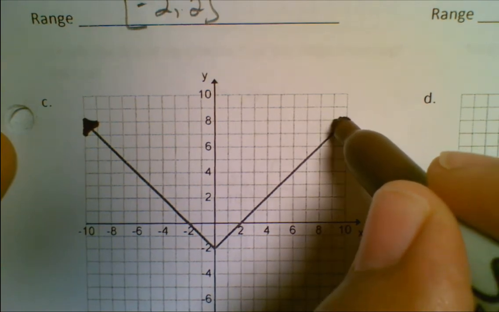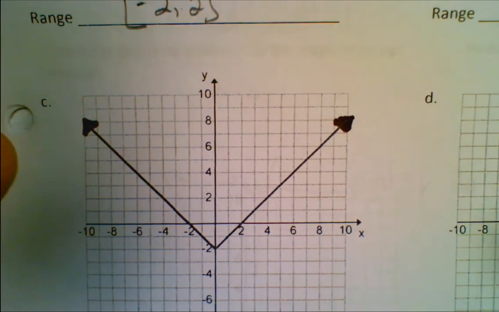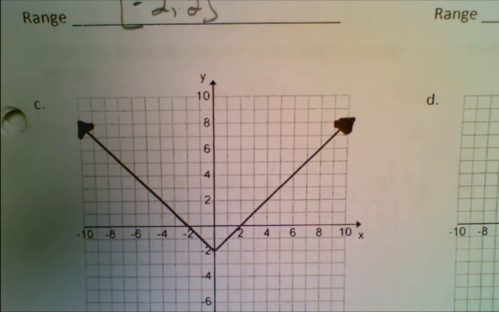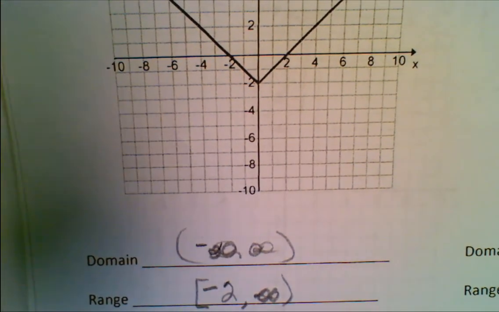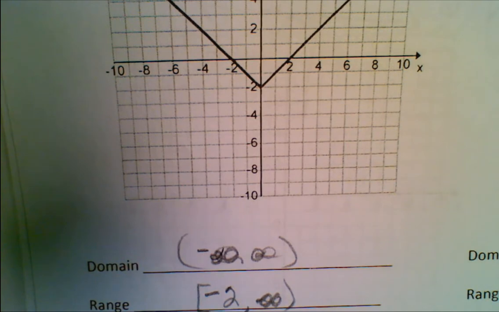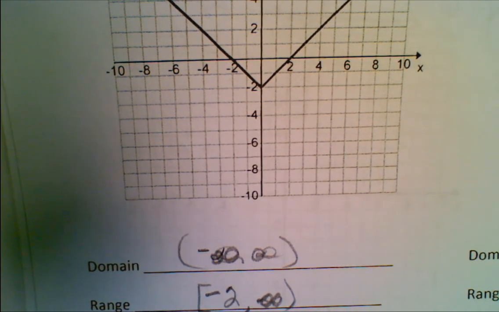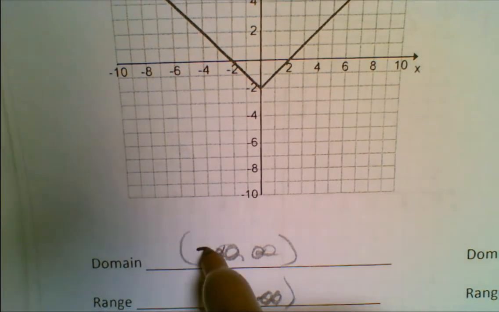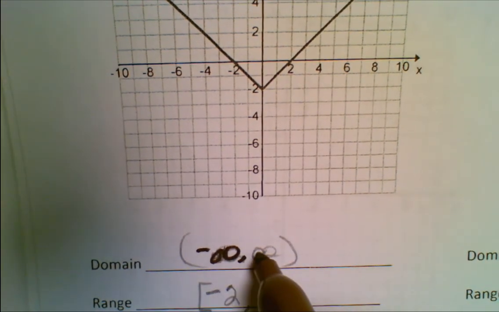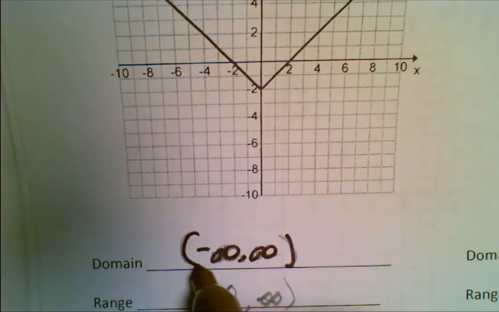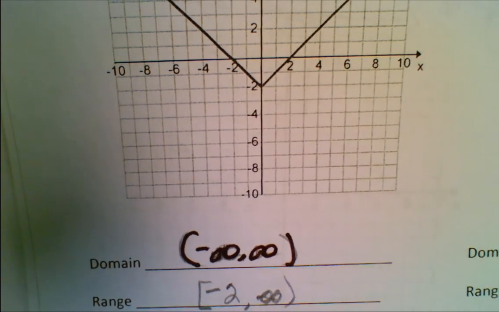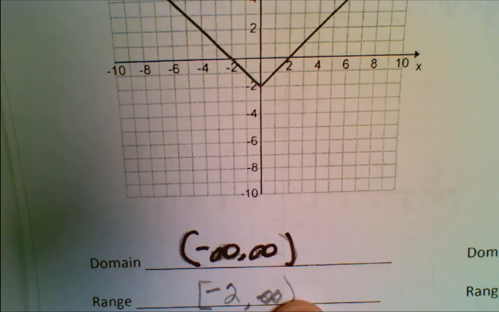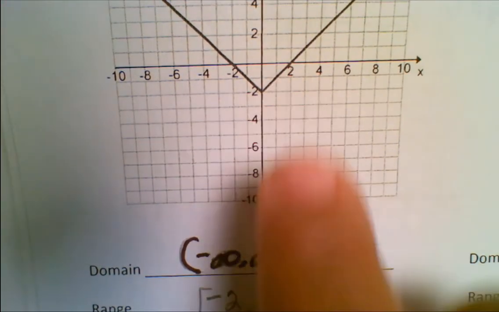So what do you think the domain would be for this graph? It will be from negative infinity to positive infinity, and that is my sideways 8. And then the range is going to be from -2 to positive infinity as we look along the y-axis.